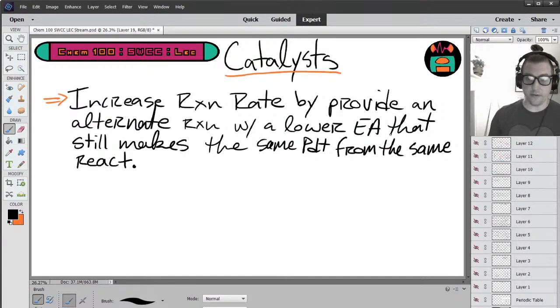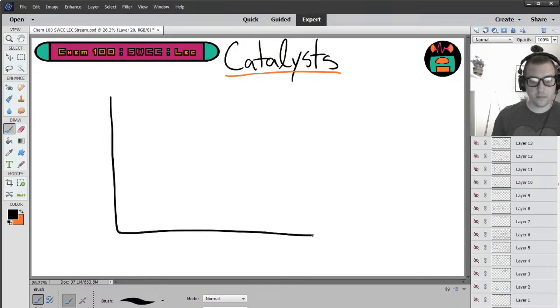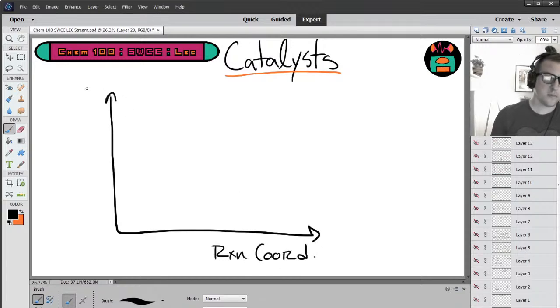What are we talking about? Well, let's draw a reaction coordinate diagram. All right, so let's look at a reaction.